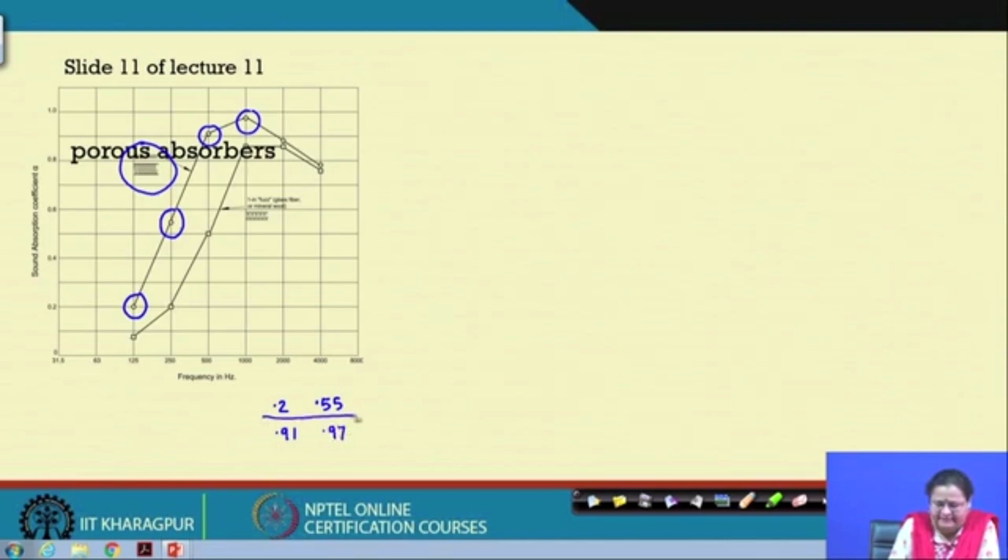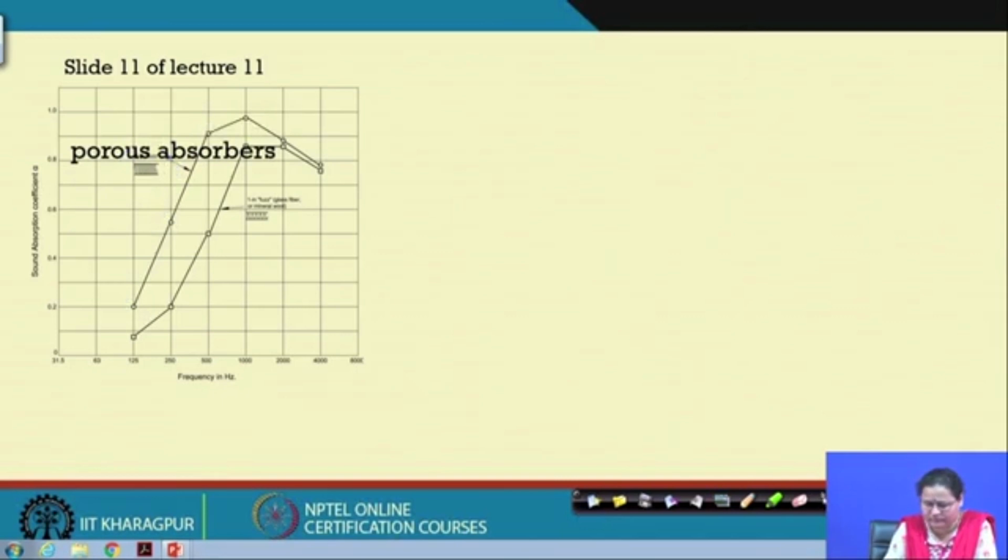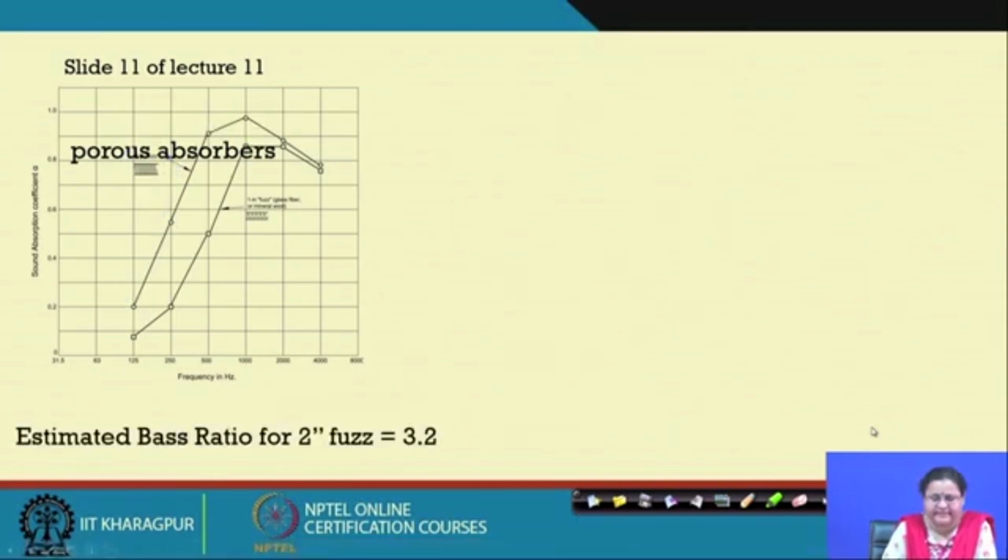So, if you add this and then multiply with the product of their reciprocal, you can get an estimated bass ratio, and you will find that this value will be something around 3.2.